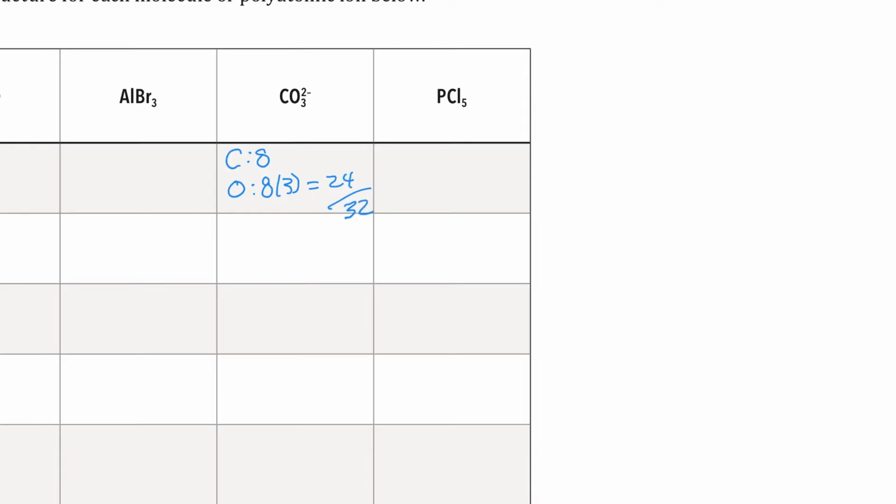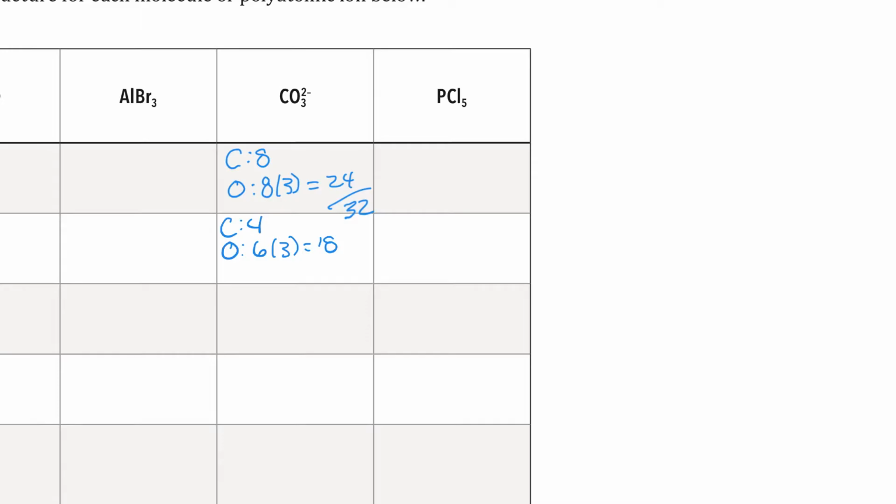Now we have this negative charge in here that we're going to have to take into consideration when we count up our valence electrons. So carbon again comes with 4, oxygen again comes with 6, and there's 3 of those for 18.